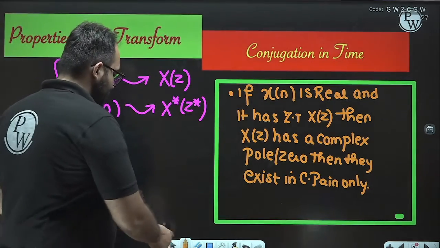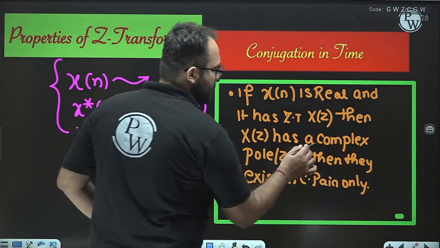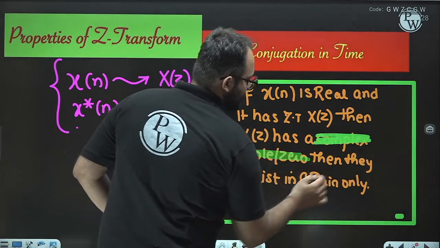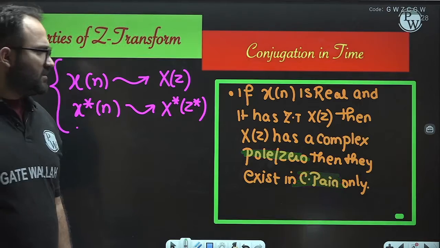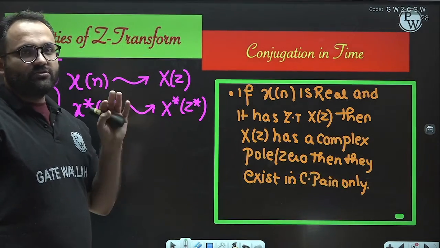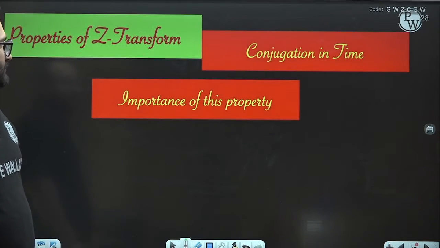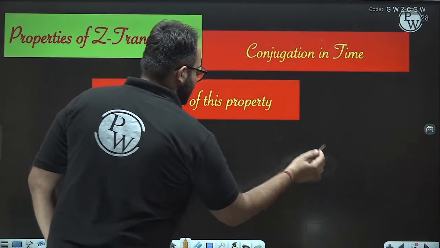The complex poles and zeros, not the real ones. Real ones are not important here. Only if the poles or zeros are complex, they exist in conjugate pairs. That's it. Okay, so let us do one question on this.